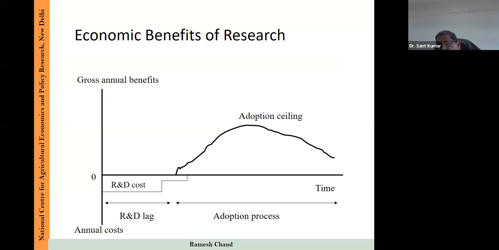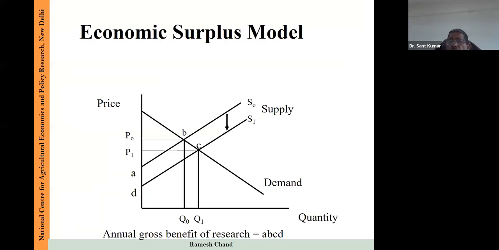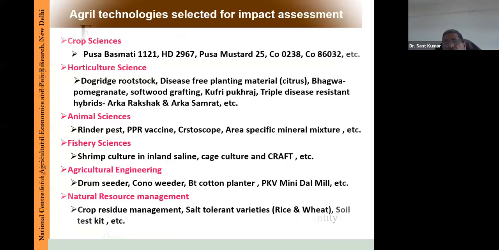So this is all about the adoption process. It requires time. It requires the cost. Then this is the model which we use. So with the adoption of the technology, supply increases, the price decreases. So we measure with the area ABCD which is given with this.